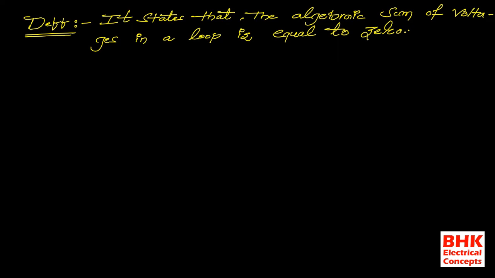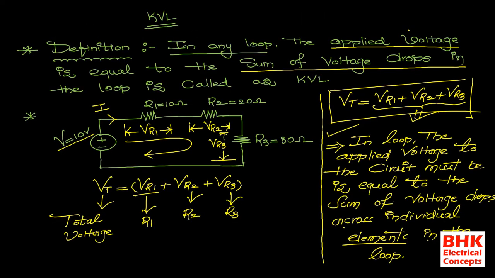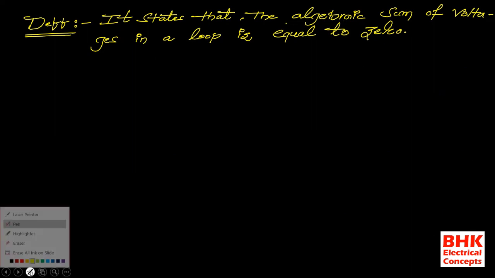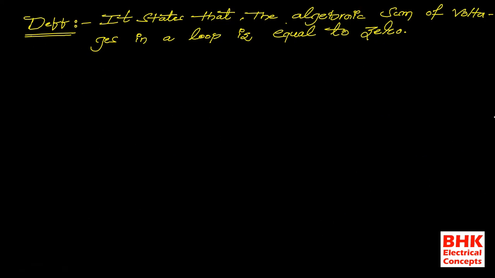Now just see here, Vt is equal to VR1 plus VR2 plus VR3. I am writing this expression in the algebraic form. The meaning of algebraic is that the sum of all voltages is equal to 0.